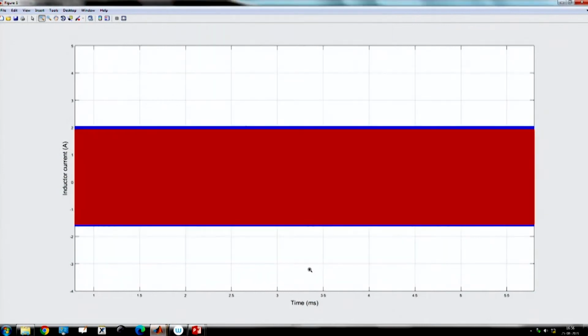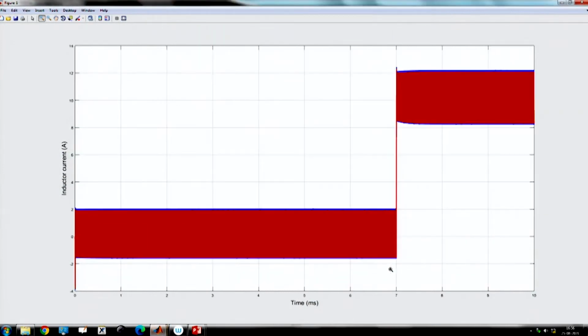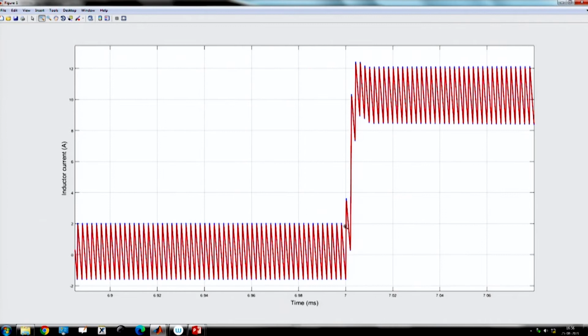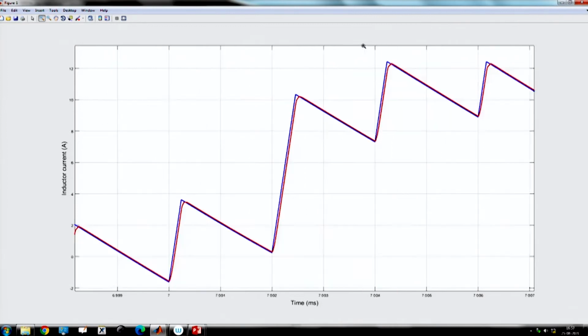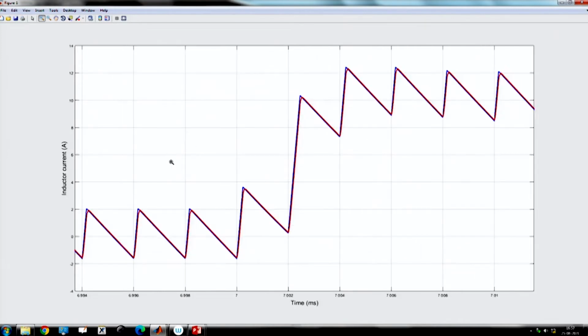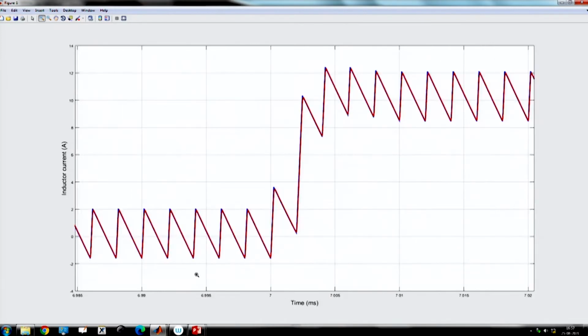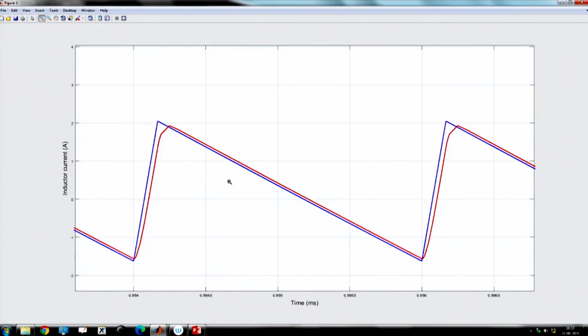First, in the current waveform, the blue one is the actual current of the converter, and the red one is the sense current, which is after the low pass filter, and the low pass filter bandwidth is 10 times the switching frequency. You see the blue one is perfectly the triangular wave that we expect in a DC-DC converter, but due to the sensor bandwidth limit, you cannot get the sharp edges, because high frequency harmonic terms are attenuated.